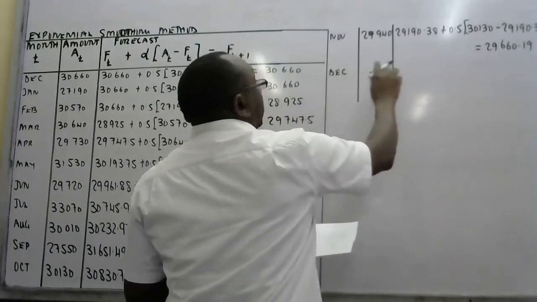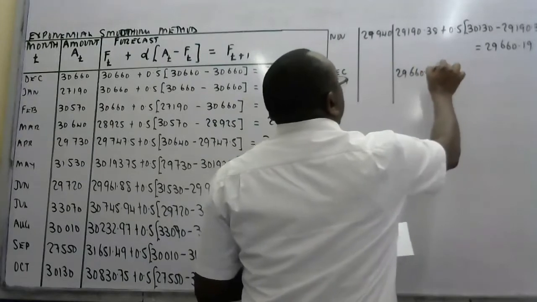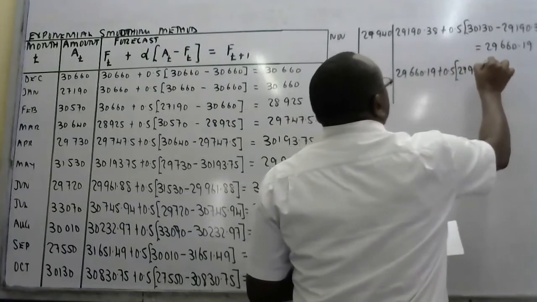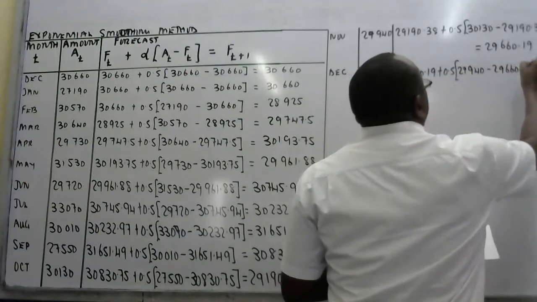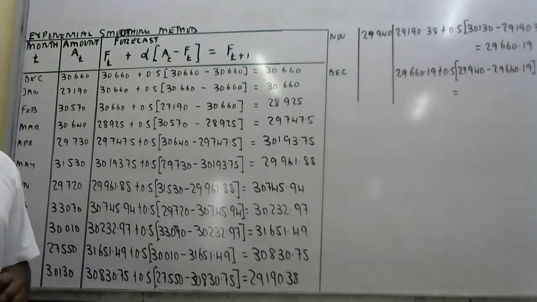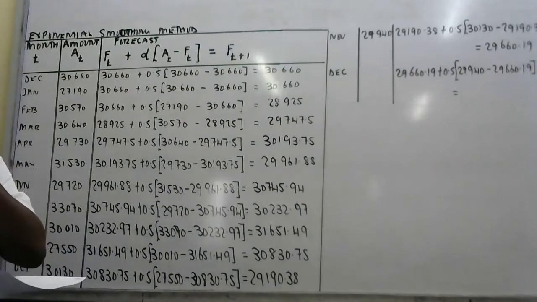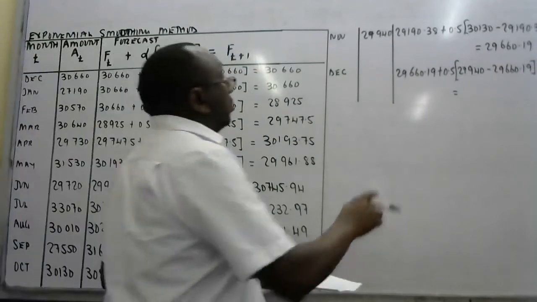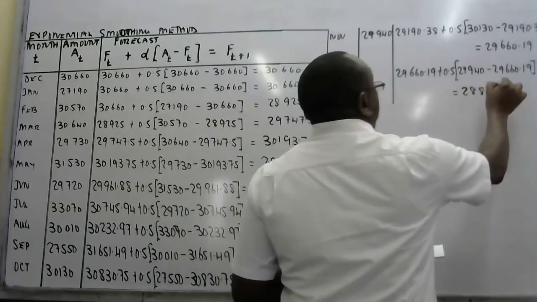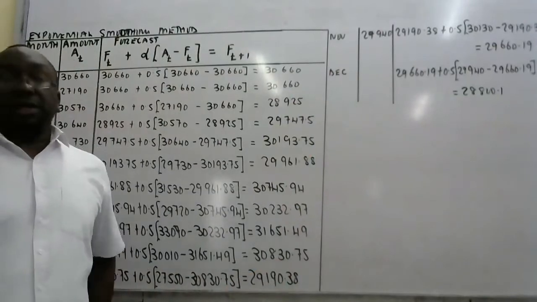So we don't have the actual, so we take the forecast of 29,660.19 plus 0.5 brackets, the actual 27,940 minus 29,660.19. That is 28,800.1.